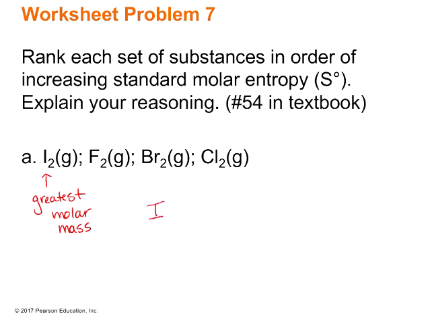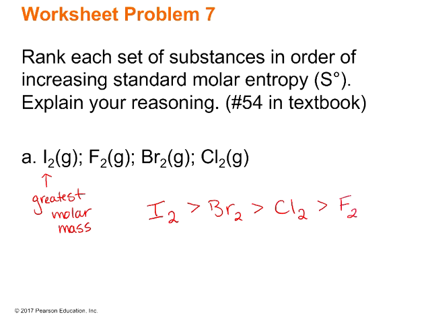Now, we can rank these. So I2 would have a greater standard molar entropy than the next halogen, which has the next greatest molar mass. So that would be bromine. And then that would be followed by chlorine. And that would be followed by fluorine.